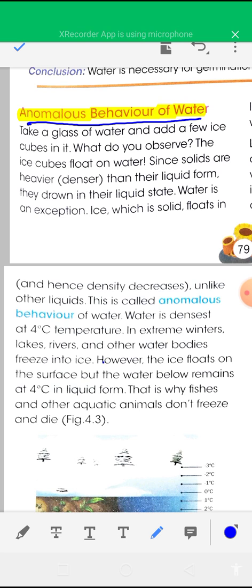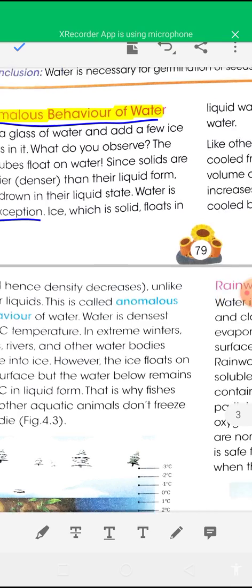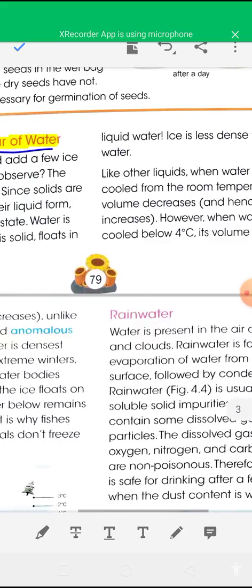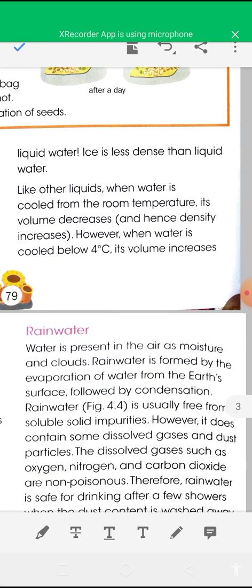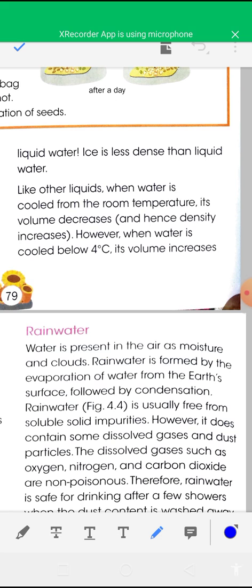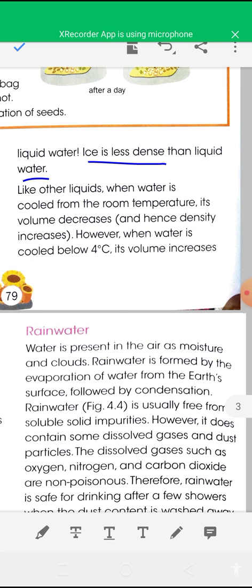That is why ice cubes can float on water. So ice, which is a solid, floats in liquid water, because ice is less dense than liquid water.